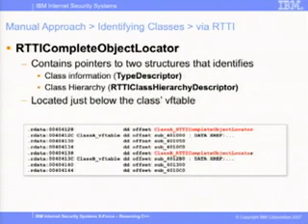So when you load a sample in IDA, you will see several pointers throughout the code. If you look one DWORD before, and you see a pointer to what looks like a data structure, then probably it is an RTTI complete object locator.